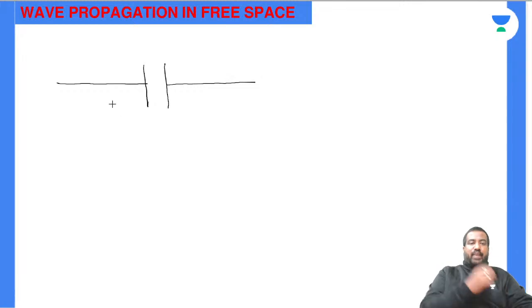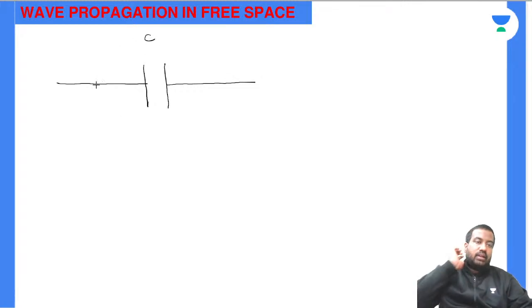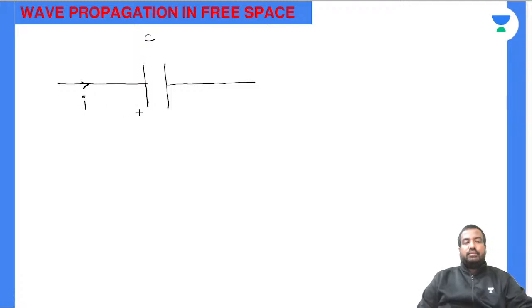If you consider this capacitor, if I apply current I here, how much amount of current will I get on the other side? It is also I.